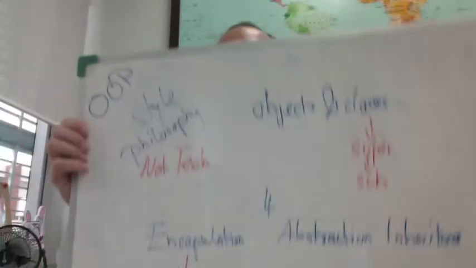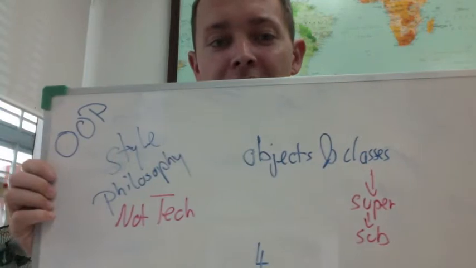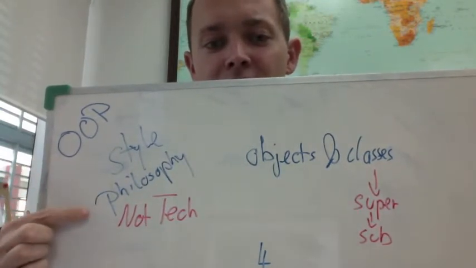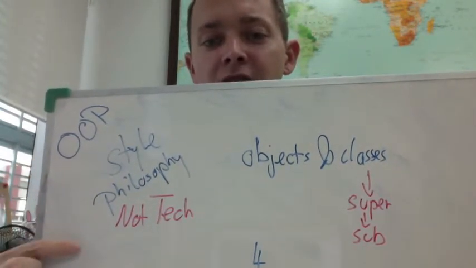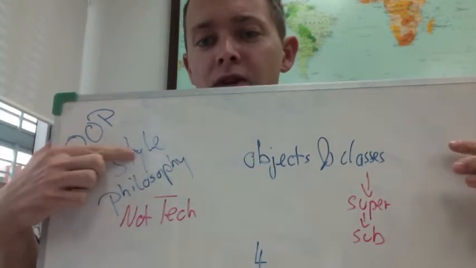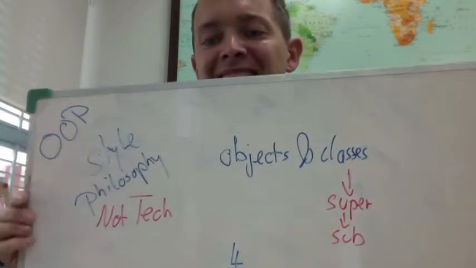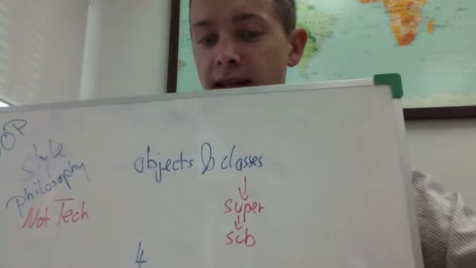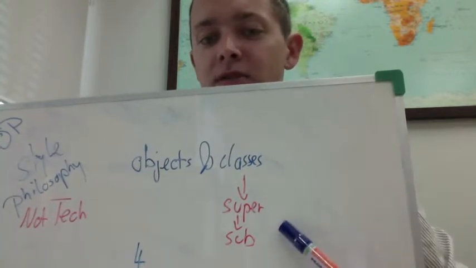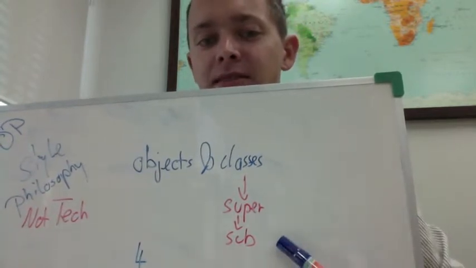We will briefly repeat what we did so far, and then you're already done for today. Congratulations. Final review, object-oriented programming. It's a style, it's not a technology, style or philosophy, not a technology. We use objects and classes. Those classes then later get divided into superclasses and subclasses.